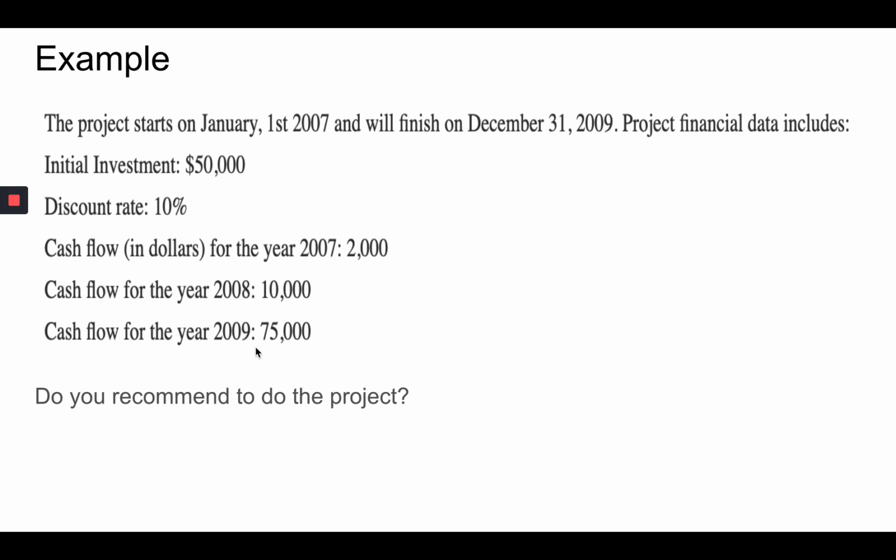But again, that's going to be over 1.1 to the third. So you've got to think in your head, okay, this $75,000 is going to be divided by 1.1 to the third. It's not going to be worth $75,000 in today's money.